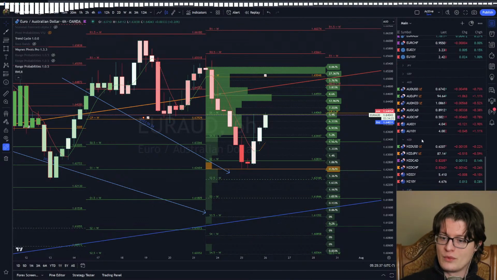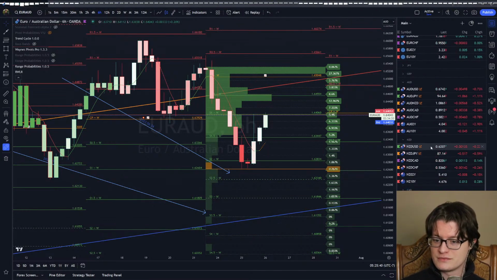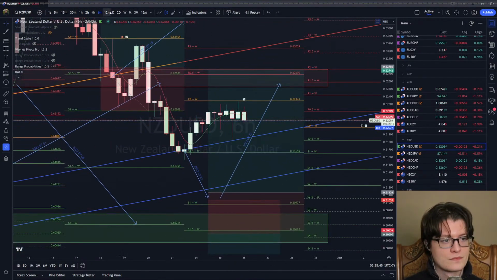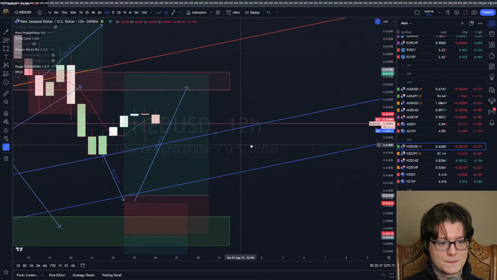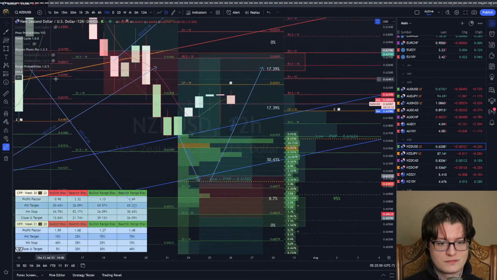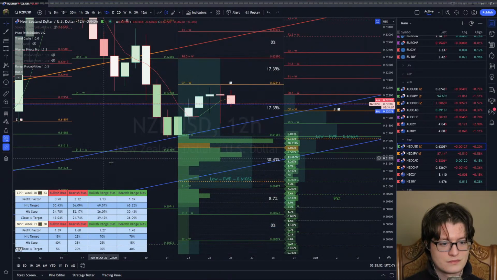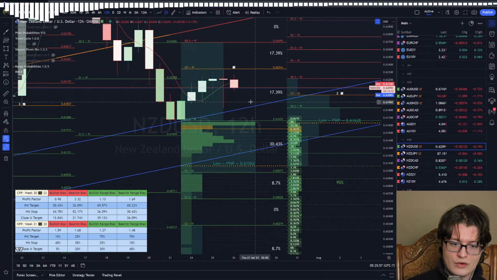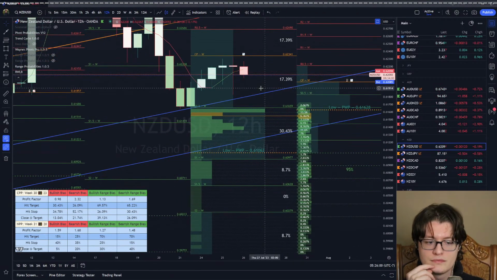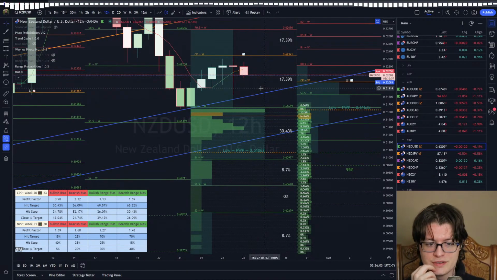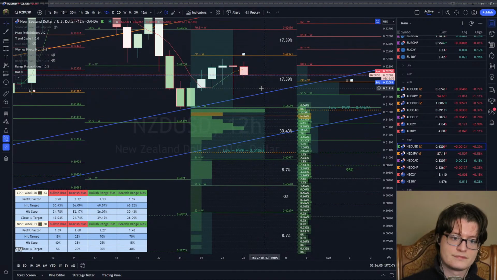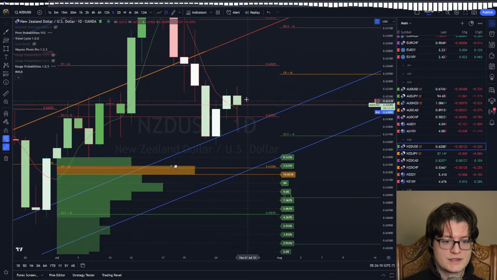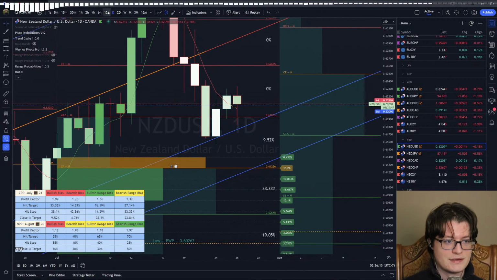I'm just kind of going down the watch list, so if you guys got any recommendations, that'd be a good time to get those in. Still room for lower moves on New Zealand dollar, in all seriousness. It's just this daily yield spread.